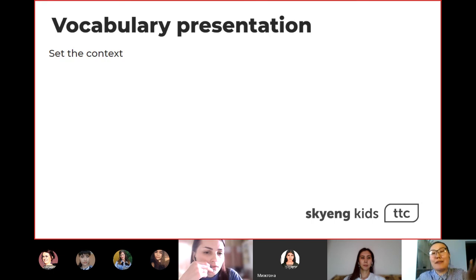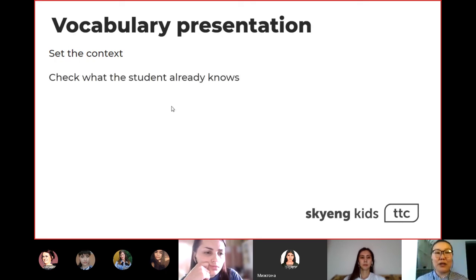Okay, and after that, L has a problem. What does he need to go to school? What does he need to put into his bag? After that, you check what the student already knows. When presenting new vocabulary and grammar, of course, always try to activate your student's schemata and check his background.